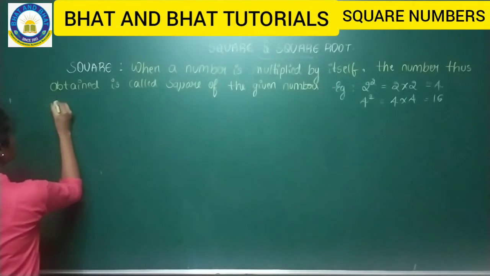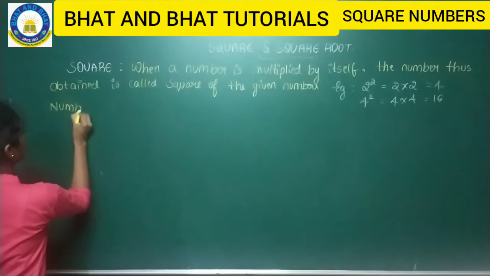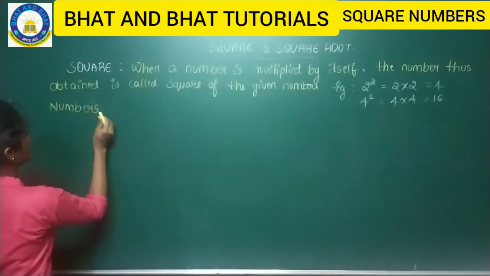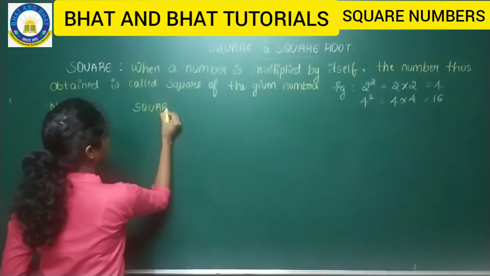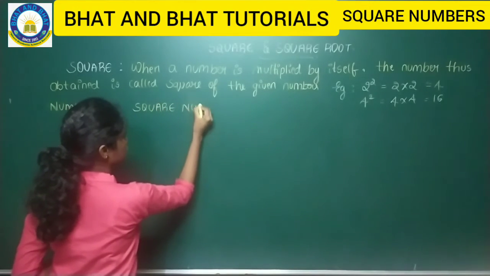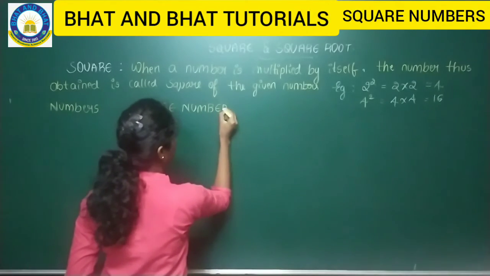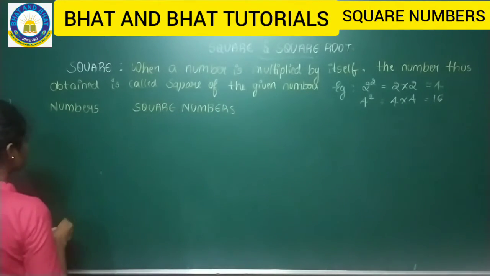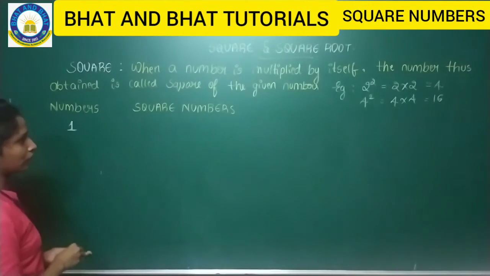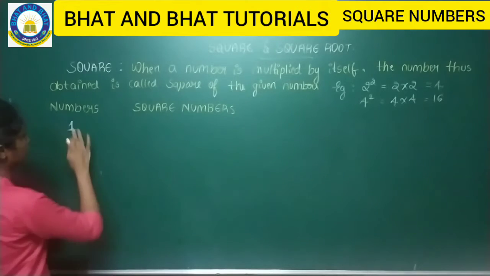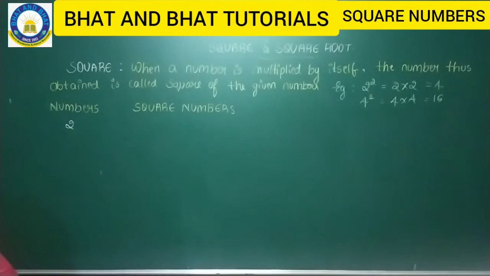Let it be the numbers over here. Numbers and square numbers. You can make 2 columns over here. The number will be 1, and the square number of 1: 1 one is 1.